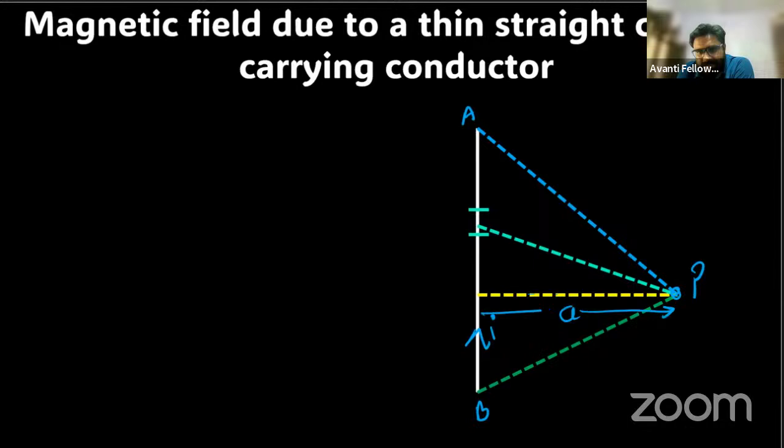This distance is named as A. Now according to the Biot-Savart law, we will join this current element, whose length is dL, to this point P via a position vector R vector.